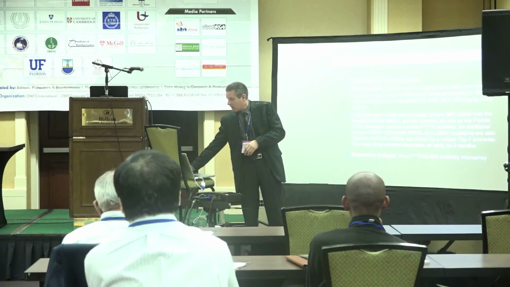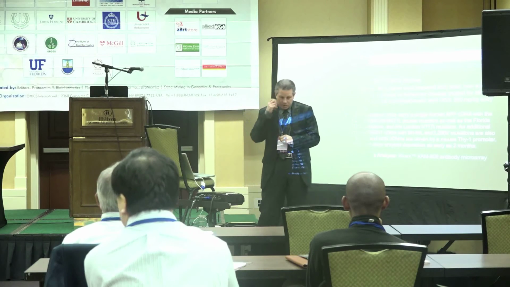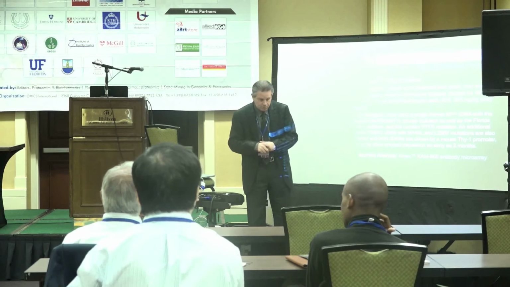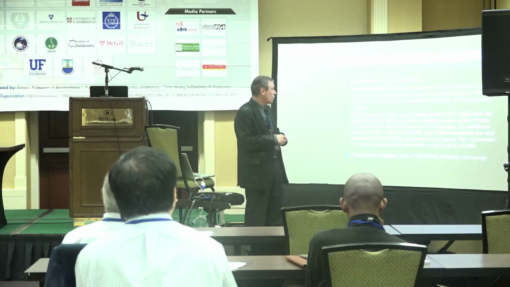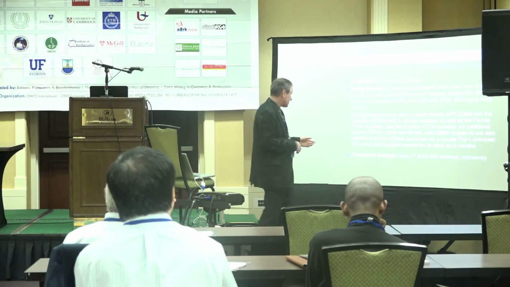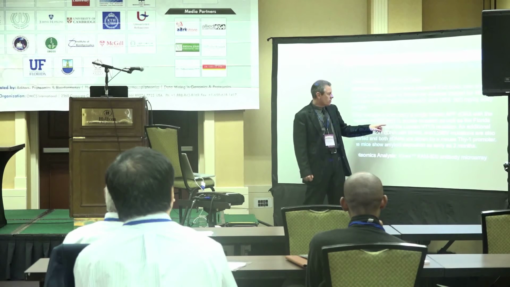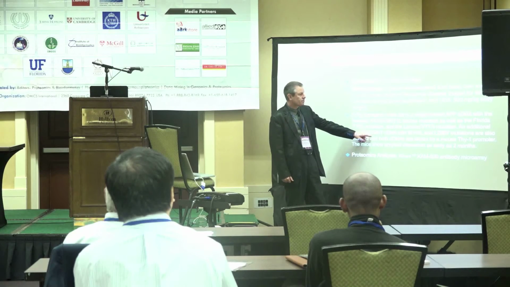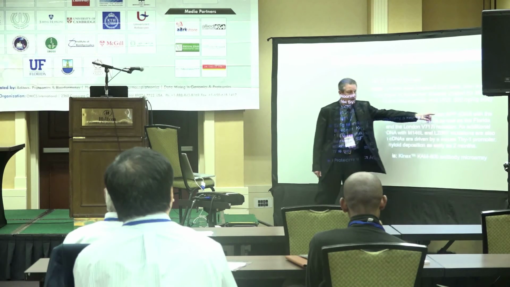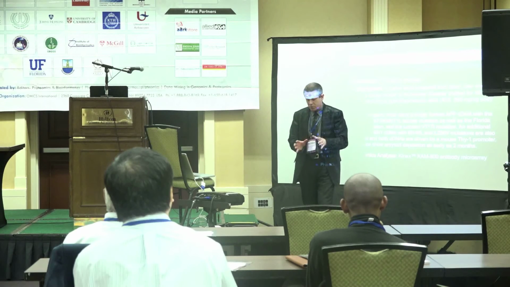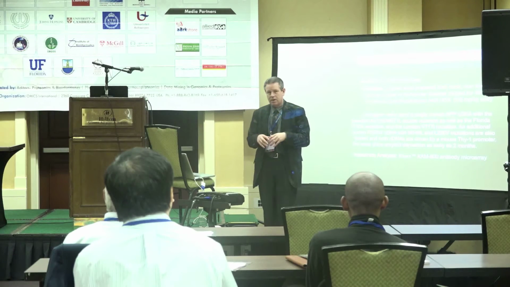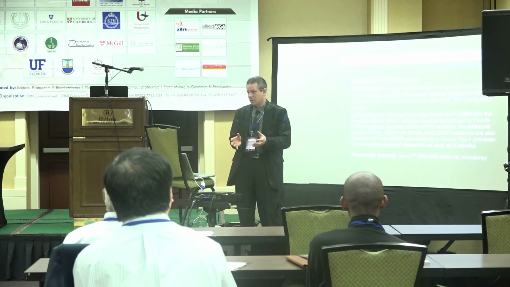So another study was done with a collaborator at UBC, University of British Columbia, where we had mice that had defects in the presenilins, as well as the amyloid precursor protein, that with these mutations, these mice give rise to Alzheimer's disease.